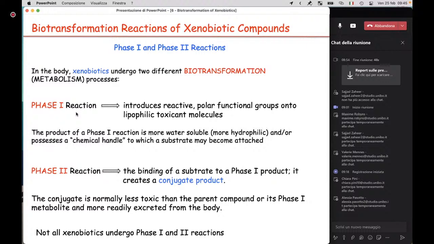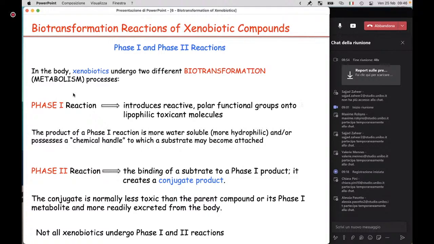Phase 1 reactions are modifications that introduce functional groups onto the molecules. We have seen before that biotransformation quite often makes molecules more hydrophilic.